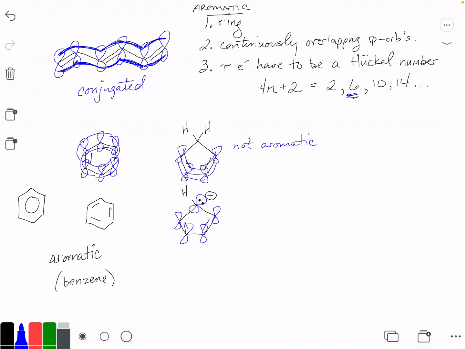And furthermore, we have a Hückel number of 6 pi electrons. That's our lone pair, gives us 2 electrons, and our 2 double bonds gives us a total of 4 more electrons. And so this is aromatic if that top carbon is sp2 hybridized.